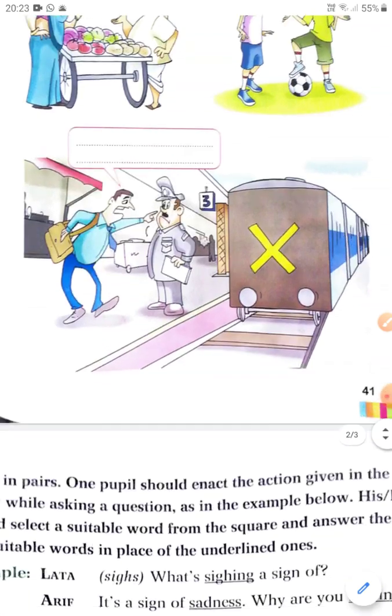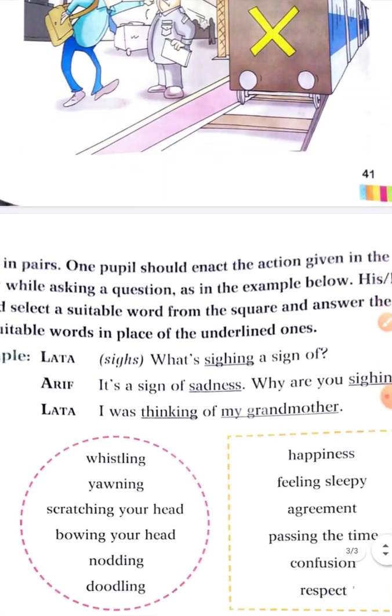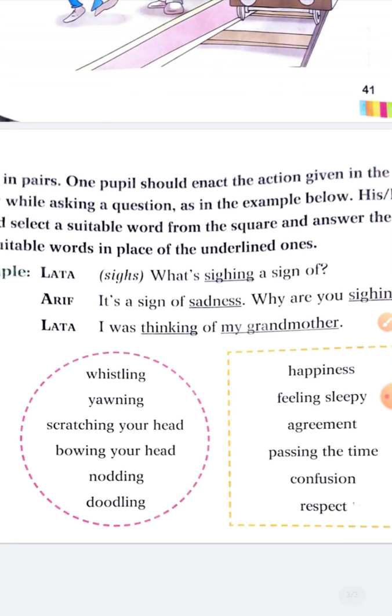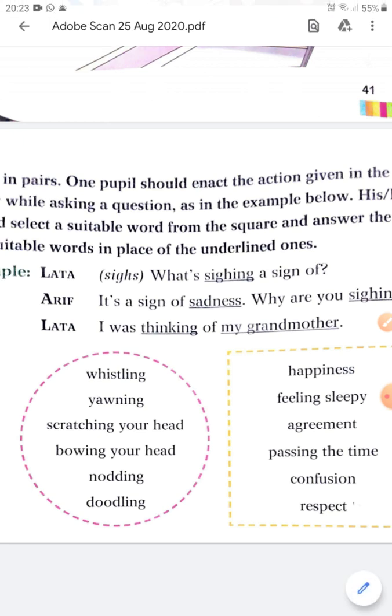Here only understanding. Now this exercise, little bit of understanding is required. There are certain words in this circle and meanings are in the square. First is Lata saying, what's sighing a sign of? You know what is sighing? So Arif saying, it's a sign of sadness.